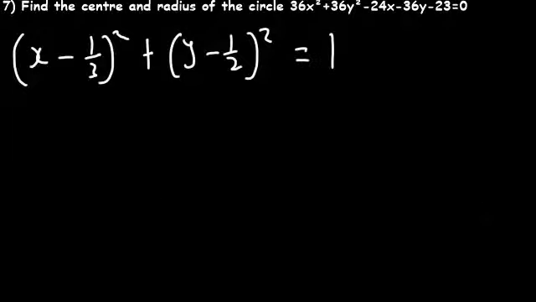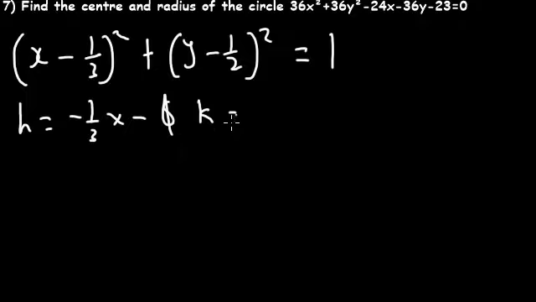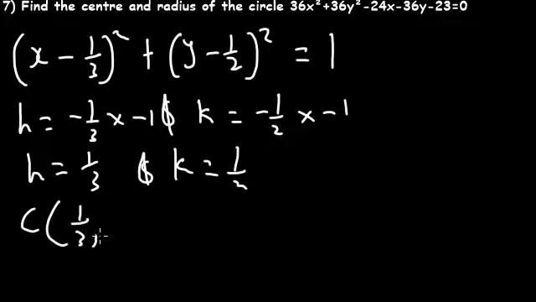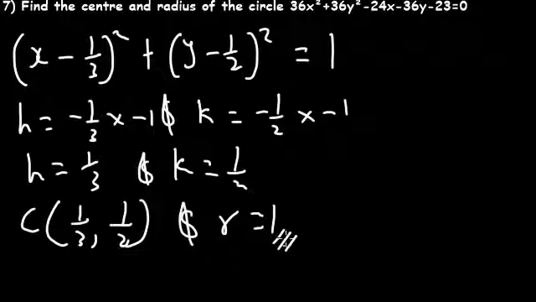Definitely h will be equal to minus 1 over 3 times the minus sign, and k will be equal to minus 1 over 2 times the minus sign. So h is equal to 1/3 and k is equal to 1/2. So the coordinate of the center is (1/3, 1/2), and the radius is equal to 1. And that is the final answer to this problem.